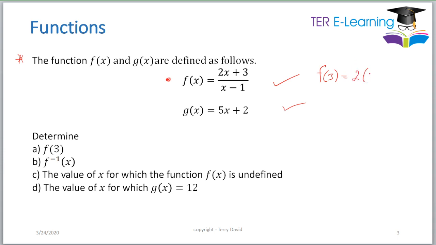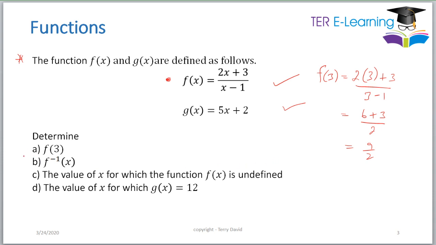It's going to be 2 multiplied by 3 plus 3, all over 3 minus 1, which is equal to 6 plus 3 over 2, which is 9 over 2. And we can leave our answer like this. So this is f of 3.